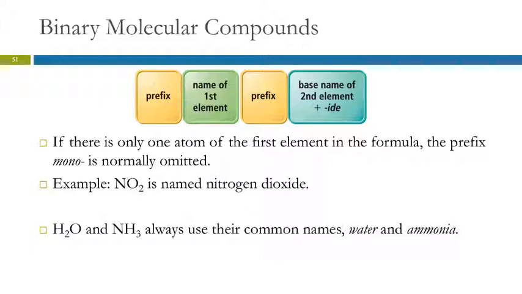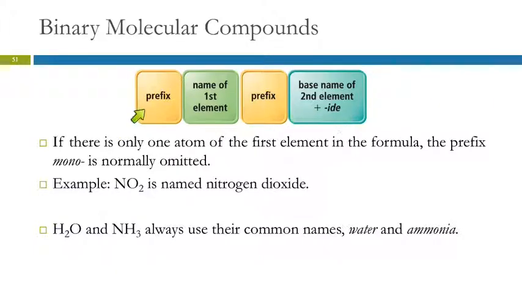Now, sometimes we omit a prefix if it's the prefix mono, meaning 1, especially if it's on the first element. Just like we've been not writing ones in our formulas, we sometimes leave the mono out. So an example here, NO2.